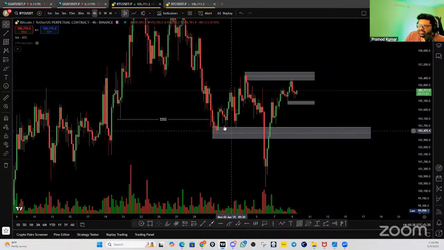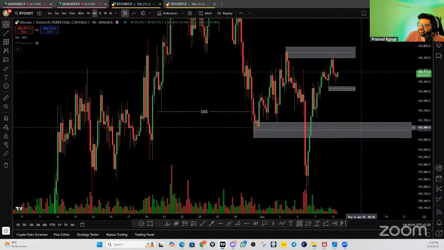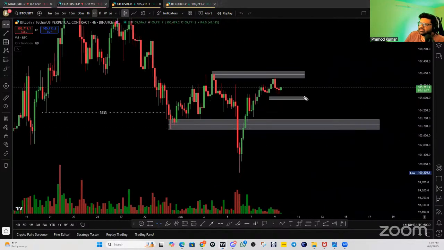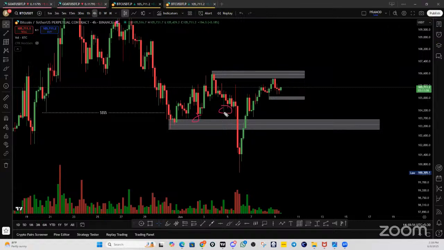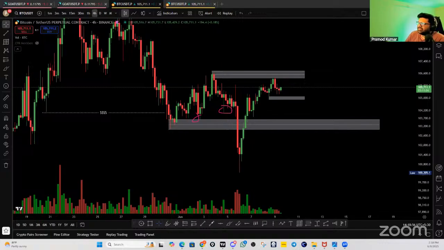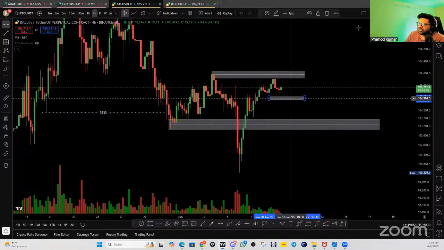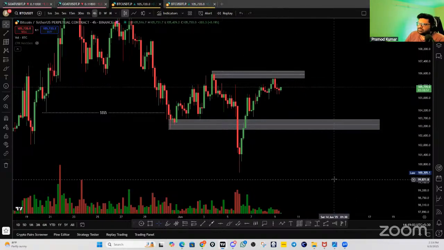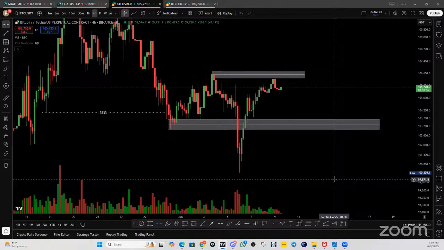Any of them, like, sir, what do you do if you see these wicks, from where will you take the trade? If this happens in 5 minutes and 4 hours is the higher time frame, where will you buy the trade? Mate, I will first see where the fair value gap is.